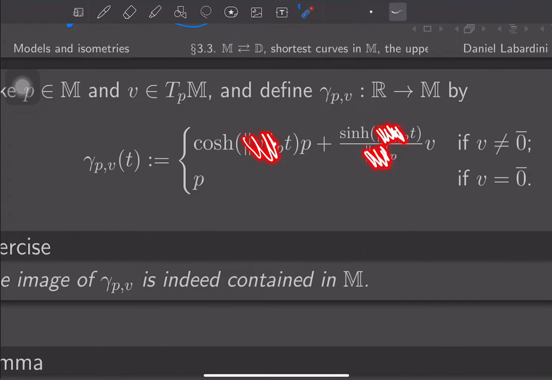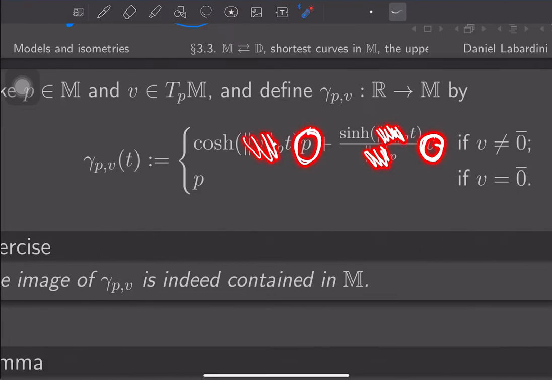So this expression would simply be hyperbolic cosine of t times the vector p, the vector in three-dimensional space p, plus hyperbolic sine times the vector in three-dimensional space v. Okay, and if you think in those terms, this looks very similar to this cosine sine in the circle, right? But it's of course slightly different.